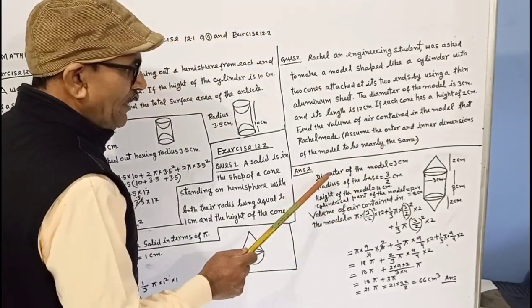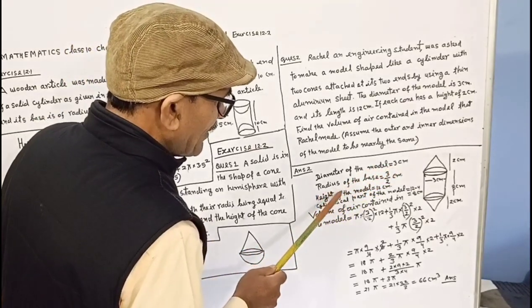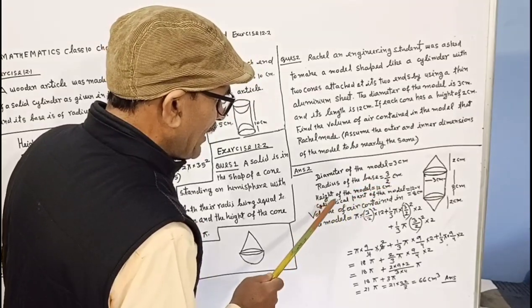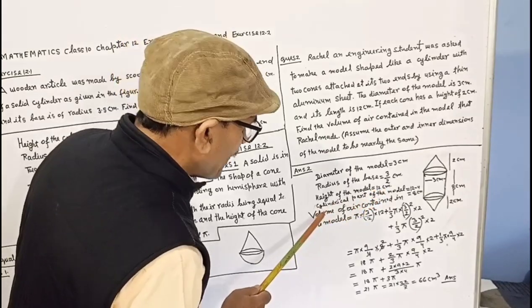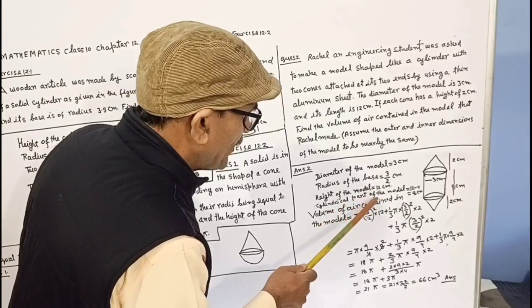Answer 2. Diameter of the model equal to 3 centimeter. Radius of the base is equal to 3 by 2 centimeter. Height of the model is equal to 12 centimeter.